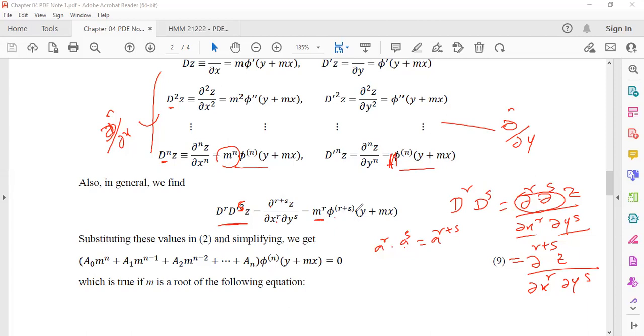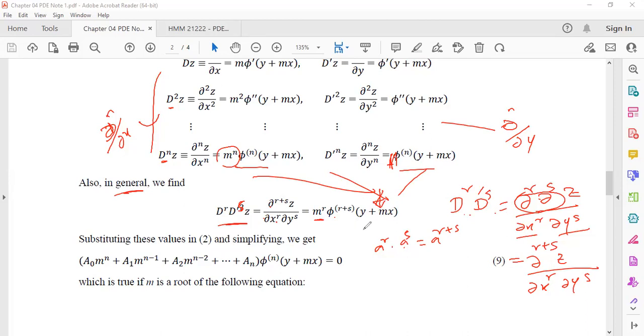So φ of r+s, y + mx. They have written a common form from these two, for when two different cases come, I mean D^r and D'^s comes.